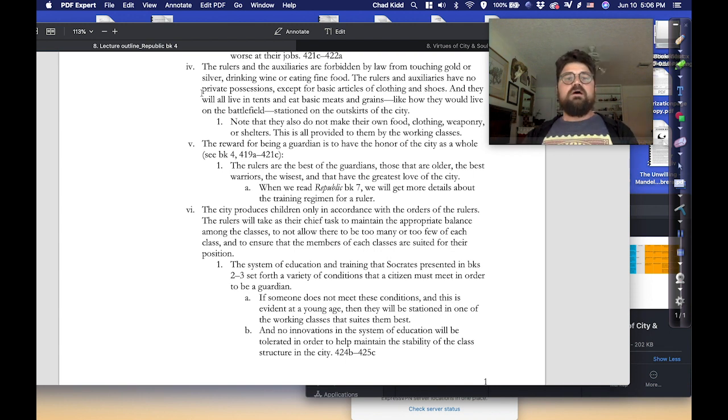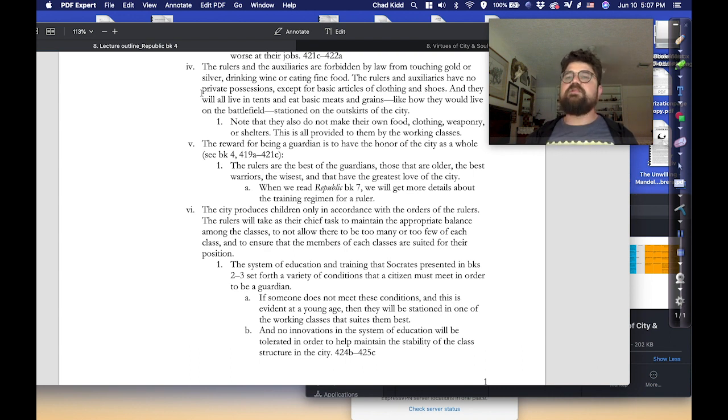Okay. Another thing to note that is also a prevention of corruption of the powerful in this city is that you have to keep in mind that since everyone in the city does one and only one job, this means that the rulers will not provide for their own food, clothing, weaponry, or shelters.